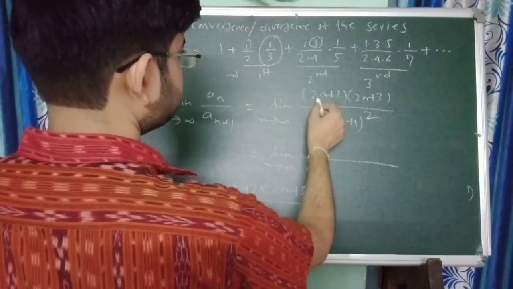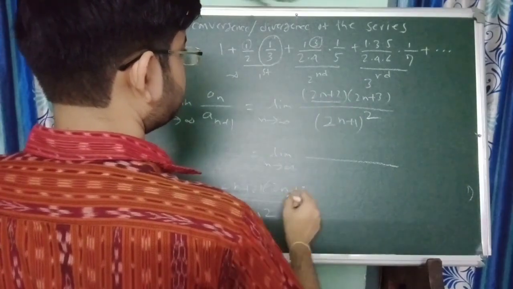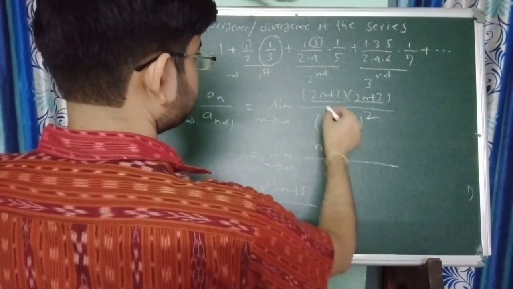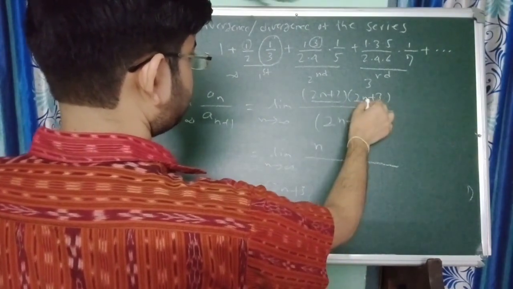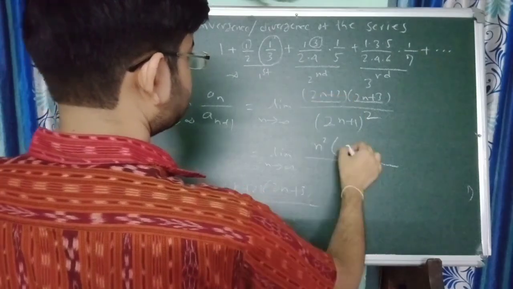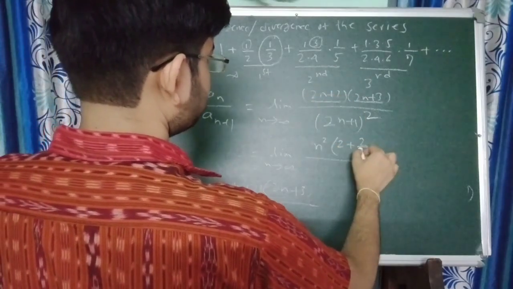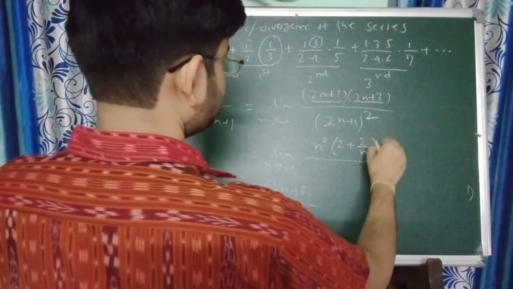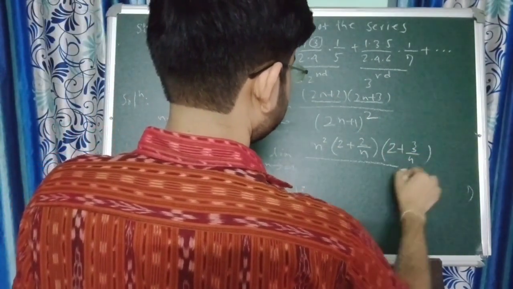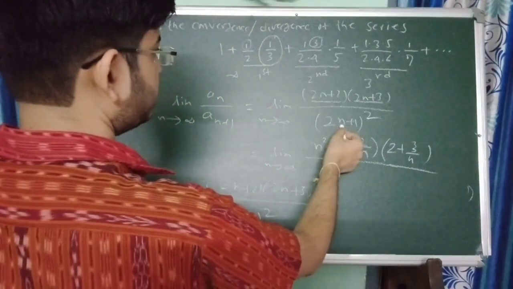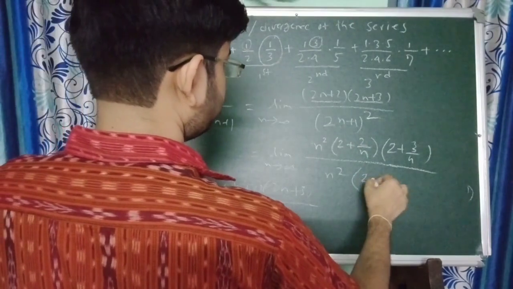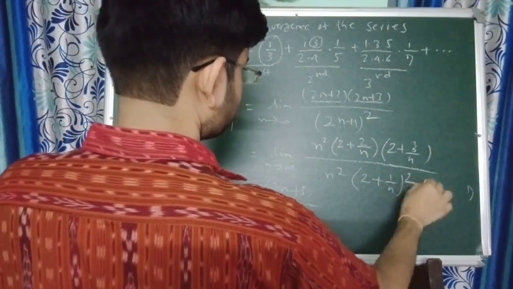Taking n common from this part and also this part, here n square. If we take n common, the remaining portion is 2 plus 2 by n, and here 2 plus 3 by n. And if we take common n, then it becomes n square, remaining part 2 plus 1 by n whole square.